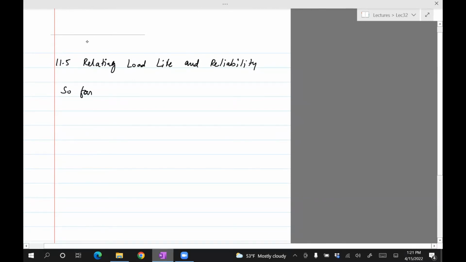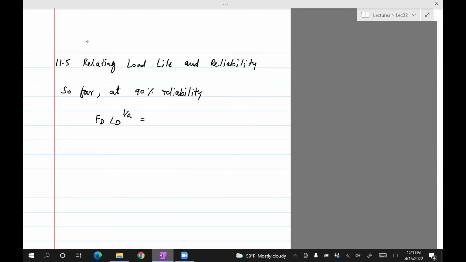At 90% reliability, we have FD LD^(1/a) equals FR LR^(1/a), where FR we also wrote as F10 L10^(1/a).